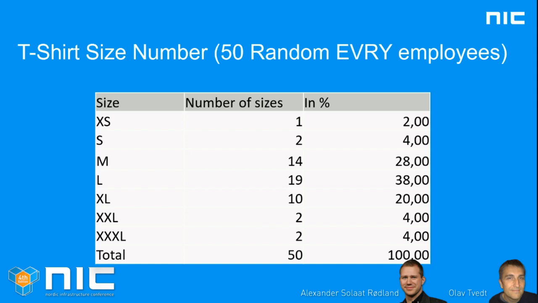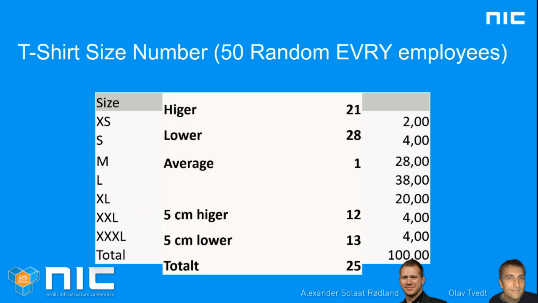Going in and looking at these numbers, we will see that most people are large. So let's buy 50 large t-shirts. Okay, it will not even fit 50% of the users. Considering the height, I found out that the average height is 181.5. And nobody was 181.5. There was one person that was 181.